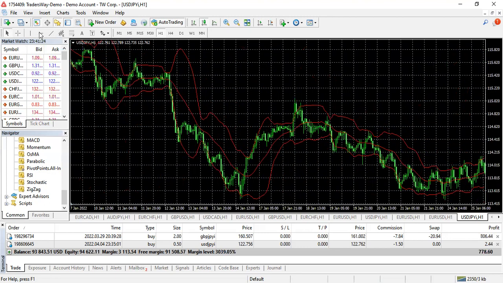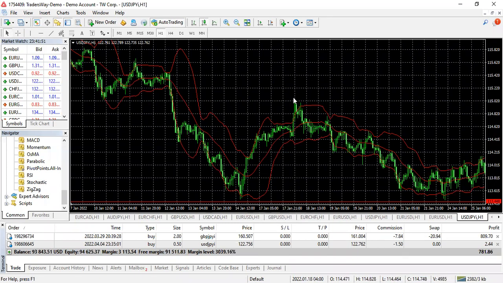I'm going to set my stop loss when the market reaches here, and using my other indicators, I believe the market will reverse back up. So I will set my stop loss below this particular lower band here.